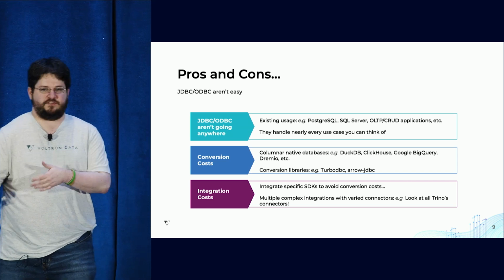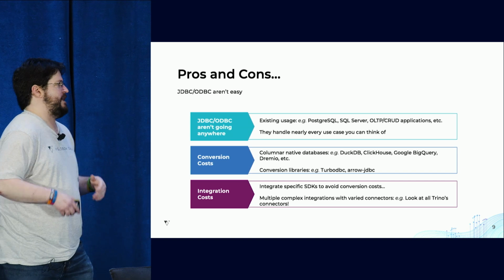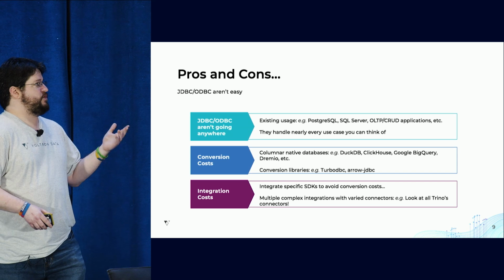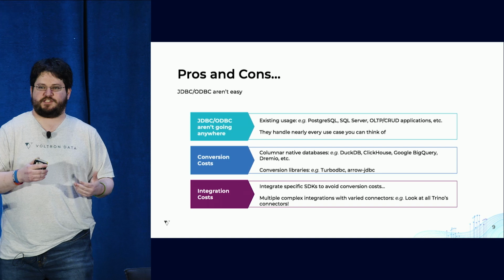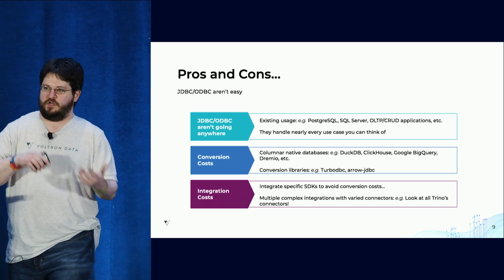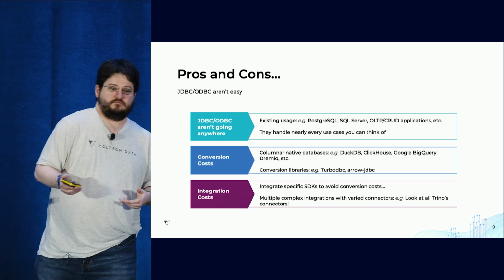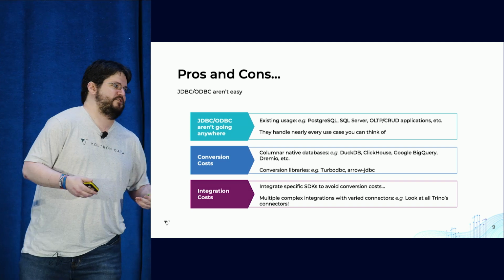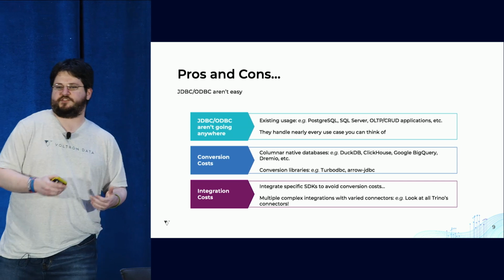So when you have a column-oriented database, Dremio, ClickHouse, Google BigQuery, even DuckDB, and you want to get past that cost of the transposition from columns to rows, you start looking into libraries that do that for you, like TurboDBC, Arrow JDBC, various libraries that try to do that conversion for you, or just reduce those costs.